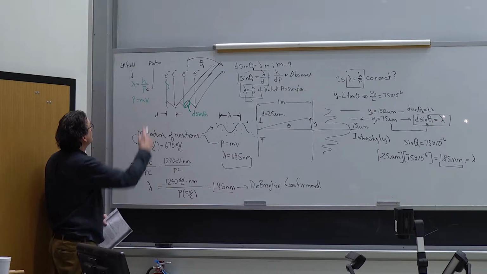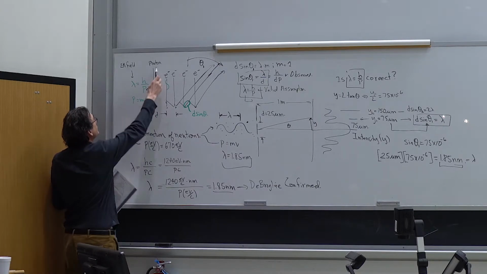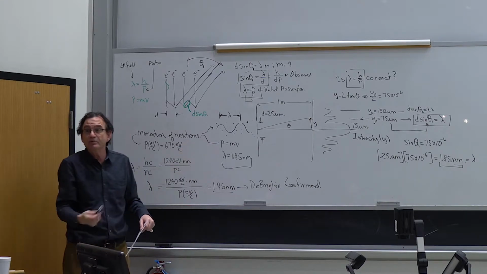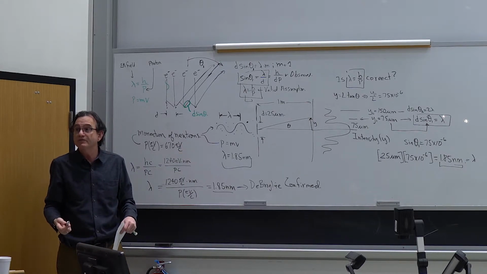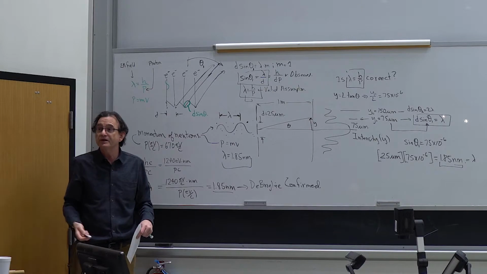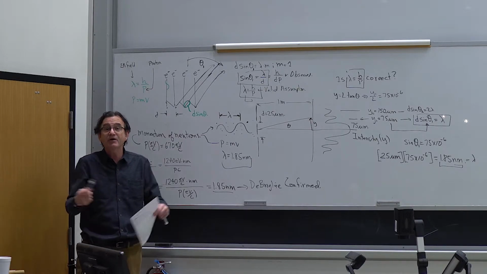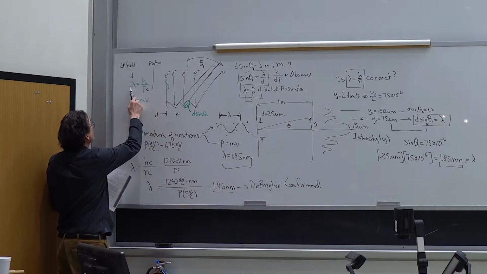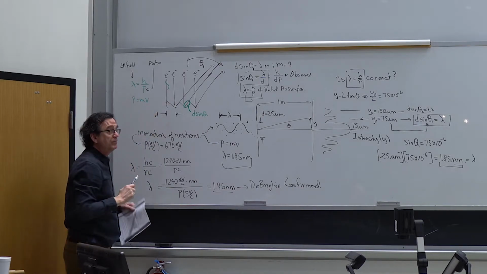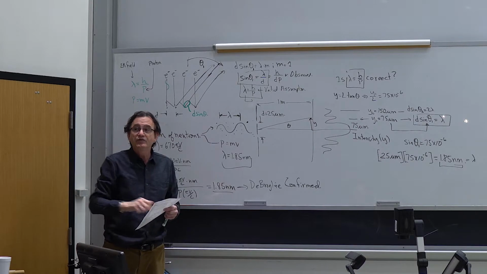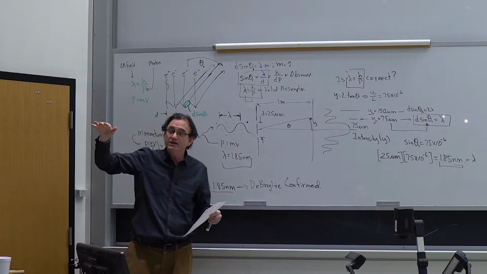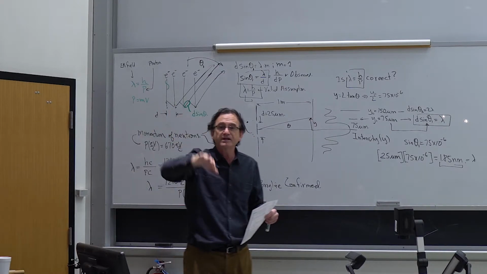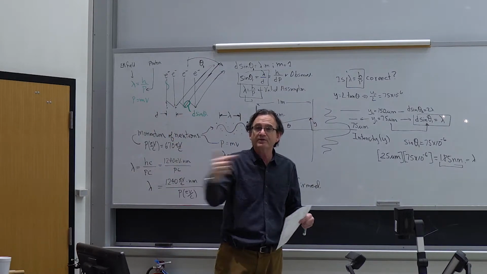In the particle point of view, by the way, I can replace photon with neutron. Or if I'm using an electron beam, I'll replace the momentum with the momentum of the electron. Or if I'm using a proton beam, I'll use the momentum of the proton. Any particle, doesn't matter. Wavelength is normally associated with the electromagnetic field, because the light wave is an electric field that's oscillating up and down in space as it propagates.